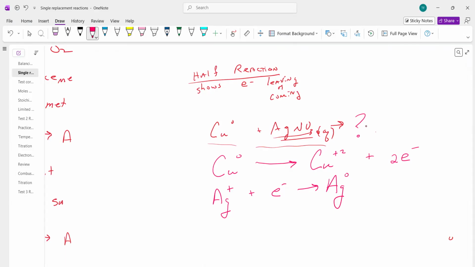Okay, so we have copper is losing electrons. That means that's undergoing oxidation.